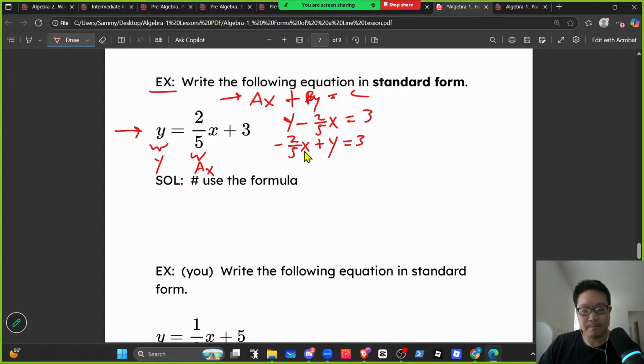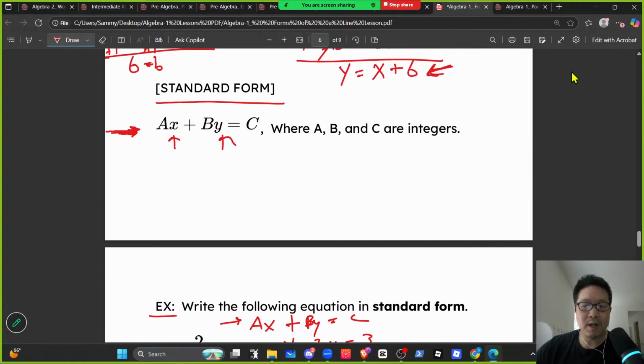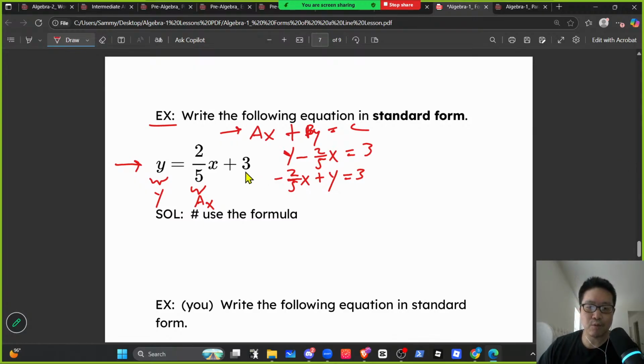And guess what? We're still not done because we specifically said that we want integers. And 2/5 is a fraction, not an integer. So how would we get rid of this fraction?